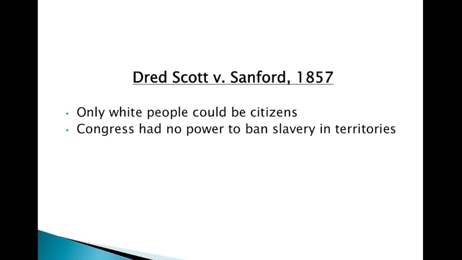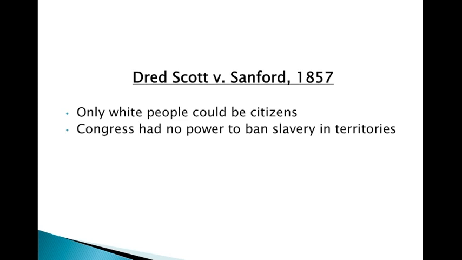Dred Scott was a slave who moved with his master to a free territory. So in Dred Scott's view, since he lived in a free territory, didn't that make him free? So he sued in the courts for his freedom. But Dred Scott didn't obtain his freedom.